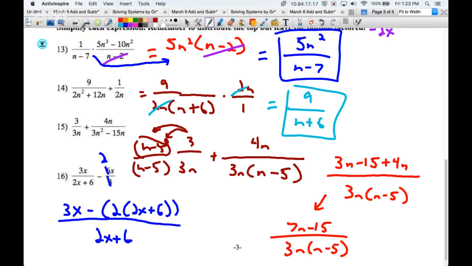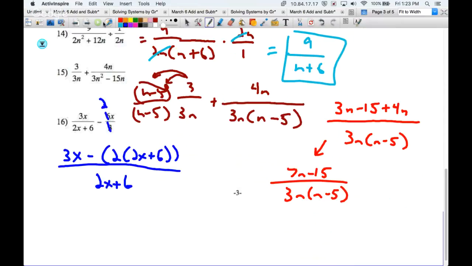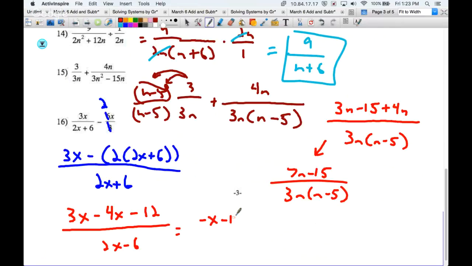And we'll simplify from there. 3x minus 4x minus 12 over 2x minus 6. This will give us negative x minus 12 over 2x minus 6. Don't think we can do much more with that. Let's see, negative x minus 12.